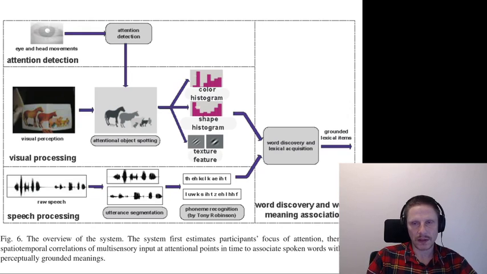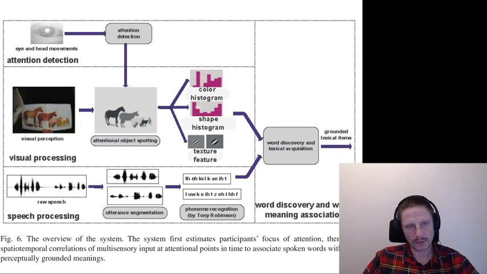And this is the outline of the model. There is also this issue that the speech processing is kind of hardwired, in the sense that they use a pre-trained model, trained in a supervised way, to generate phoneme sequences as the input.